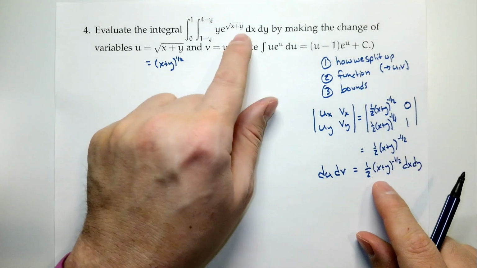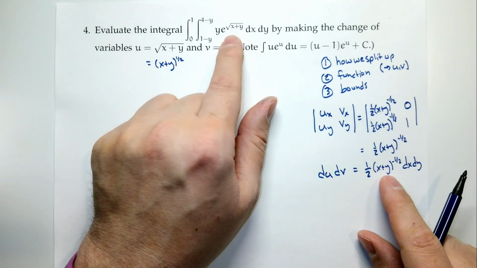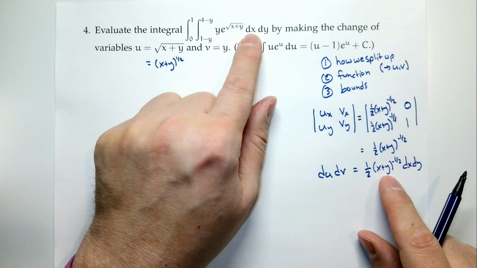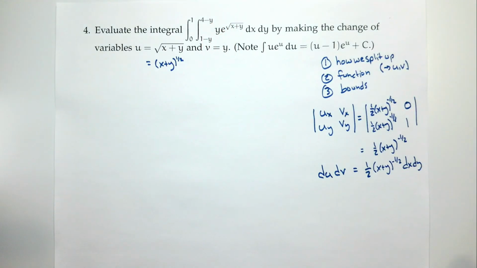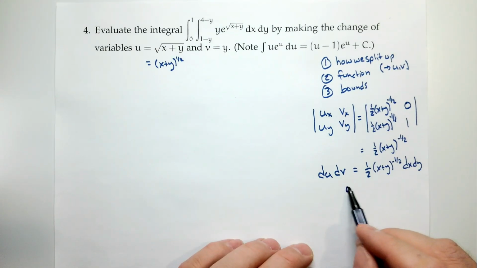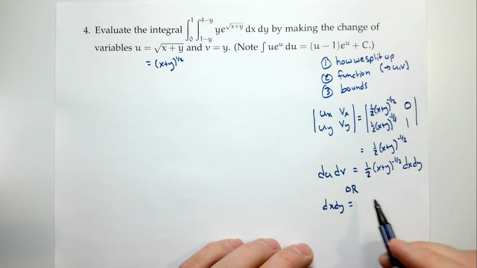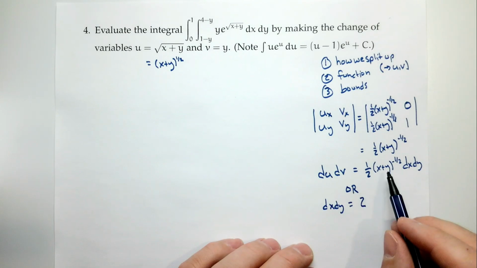So, if I had 1/2 (x plus y) to minus 1/2 up here, that would tell me I should pull it aside and use that to become part of du dv. I don't actually have that right now. That's okay. Because I can now rewrite this and say, another way to think about this is that dx dy, cross multiplying, is 2 times this.